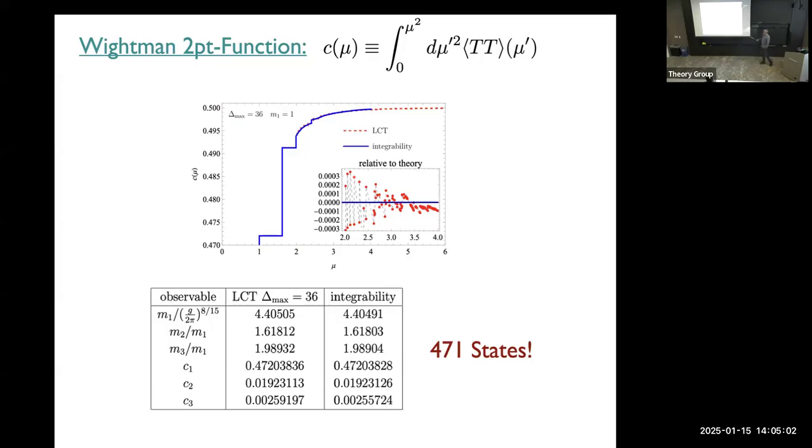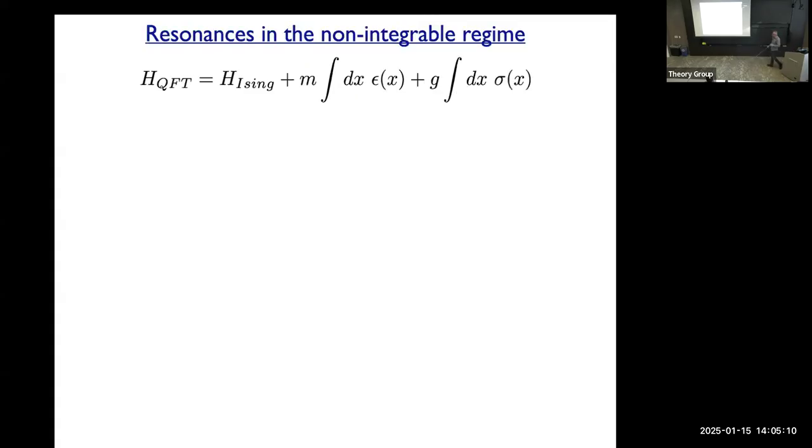So once you convince yourself that the general framework is right, I can just tell you, just for fun, that now you can explore non-integrable models, like the ones where you have both an epsilon and sigma deformation. The epsilon deformation is just a mass for the fermion, so this is an integrable deformation by itself as well.